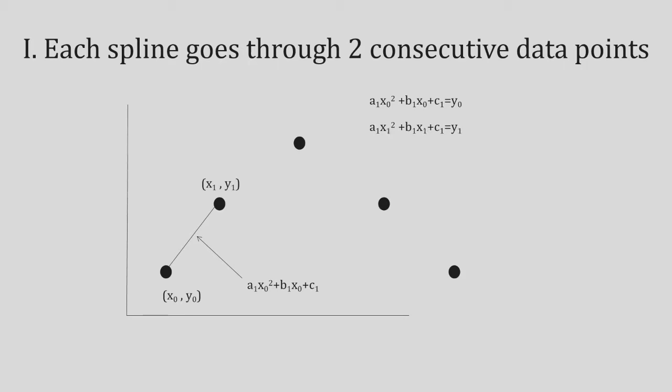And same goes with the second data point: a sub 1 x sub 1 squared plus b sub 1 x sub 1 plus c sub 1 is always equal to y sub 1.